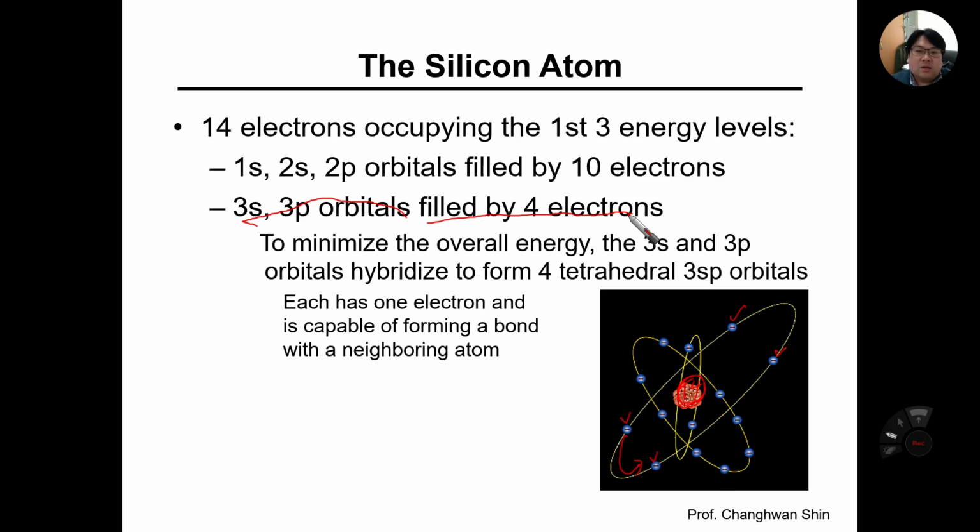Based on general chemistry and quantum chemistry, people have found that the orbits corresponding to primary number 3 are split into 2 different orbits denoted as 3s and 3p. However, those 3s and 3p orbitals are to be hybridized, simply speaking combined together, to form 4 tetrahedral 3sp hybridized orbitals.